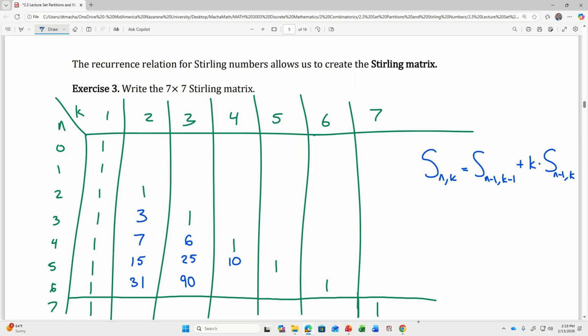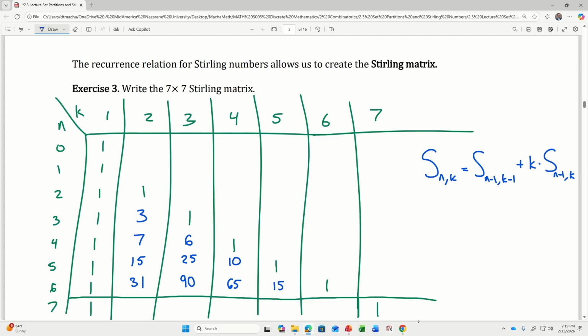Okay, below the 10, we get 60. Okay, and to the right of the 65, we should have 15.